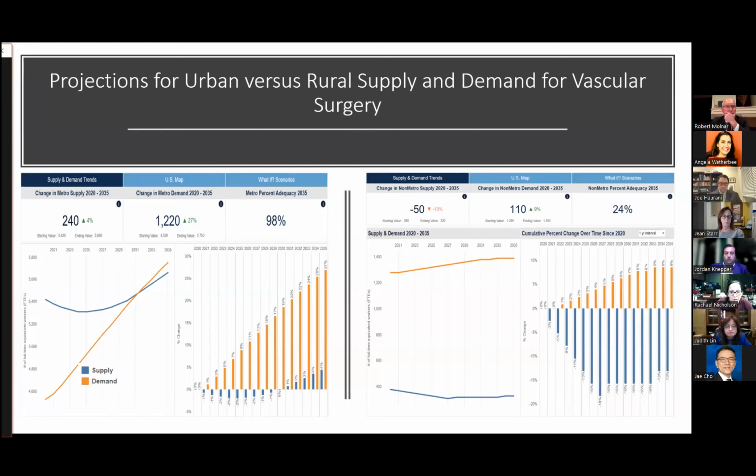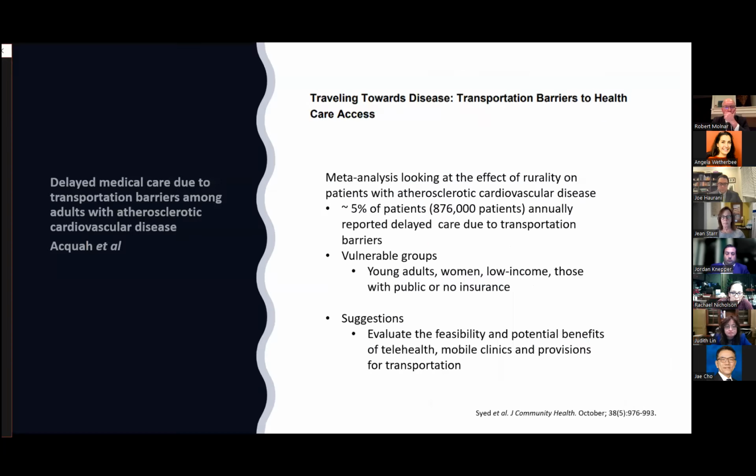The chart on the left shows figures projected for demand of vascular surgery in orange and the supply in blue. By 2031, the lines will cross and the supply will likely meet demand for vascular surgery in urban areas, with a slight deficit in 2035. However, in rural areas, which is on the screen on the right, the deficit between supply and demand is expected to continue to diverge, making it increasingly difficult for rural patients to access vascular care.